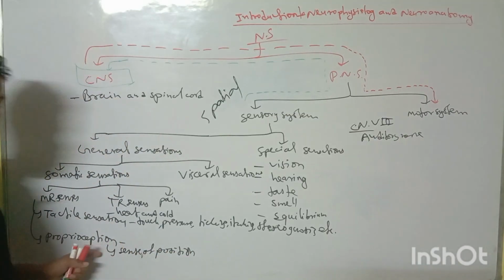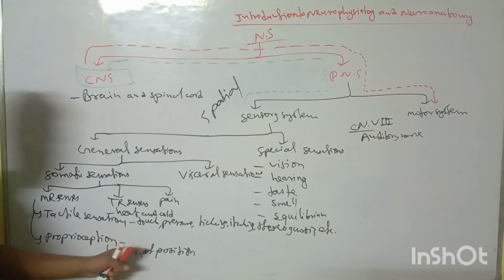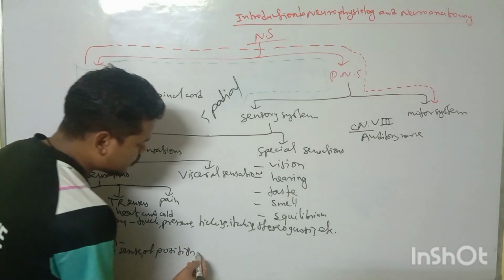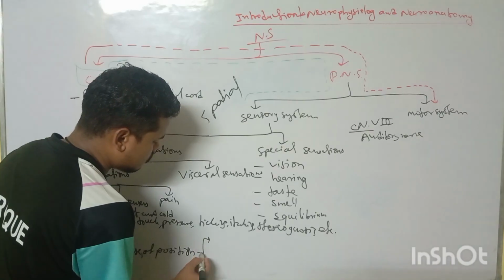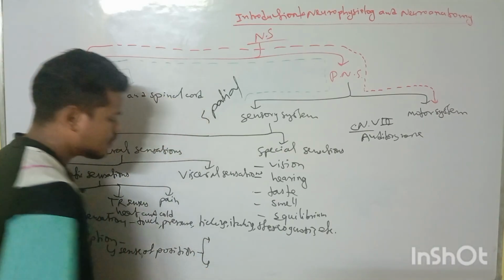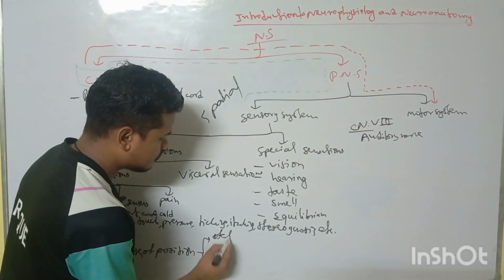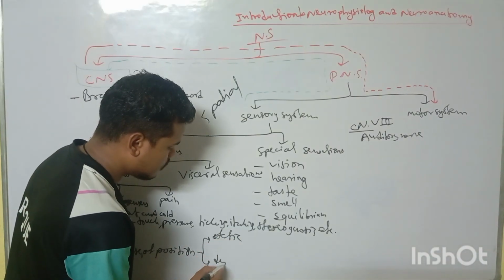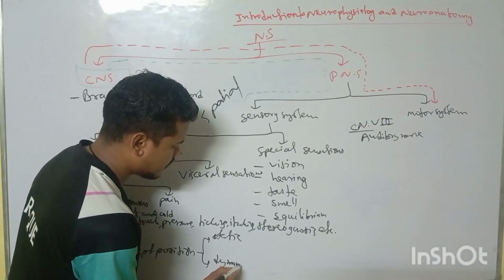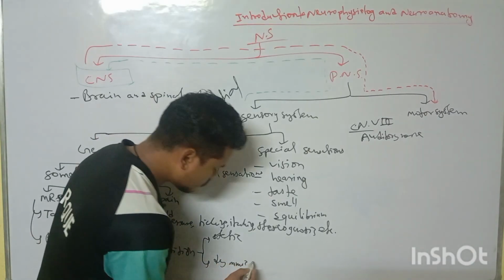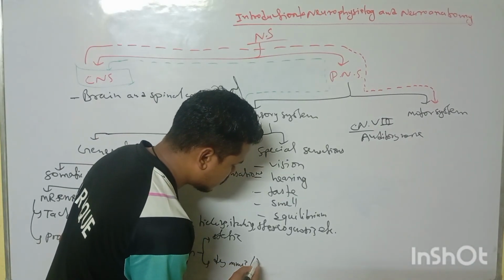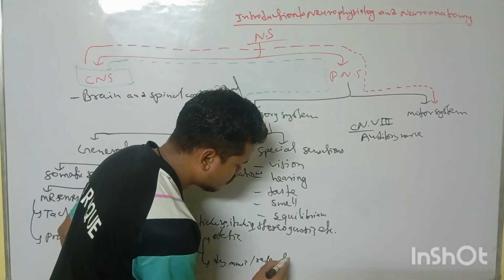Broadly, it will be the sensation from the locomotory system. Then the sense of position, and position either of the locomotory system, position will be either static or dynamic. Dynamic, we also call it the rate of movements.